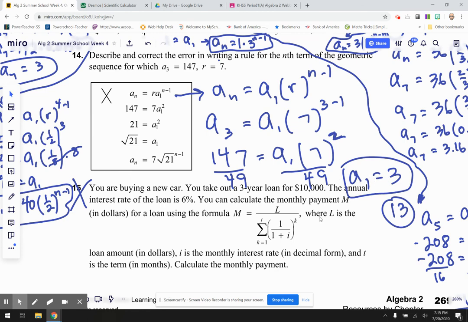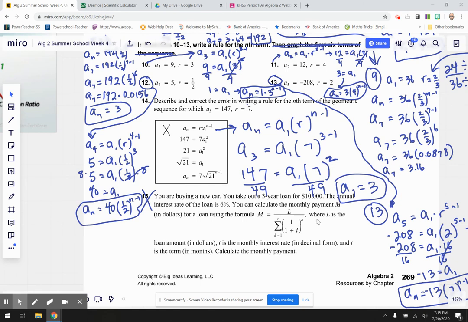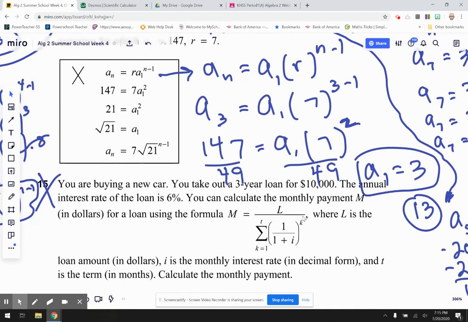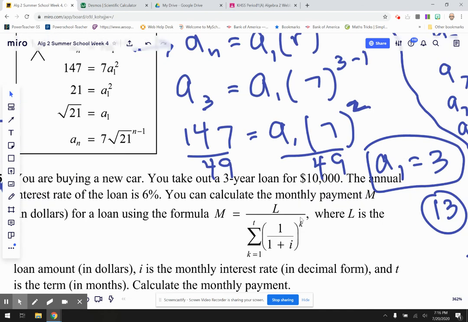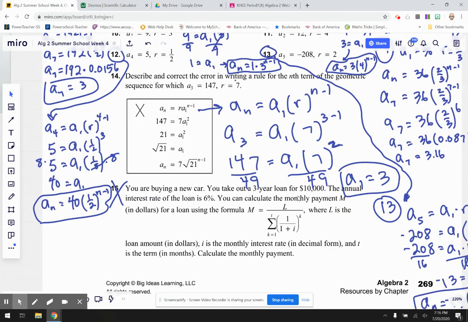So instead of A1, which they had as a radical 21, that would not be right. They should have had, let me see if I put it in somewhere. Nope. They should have put A to the n equals 3.